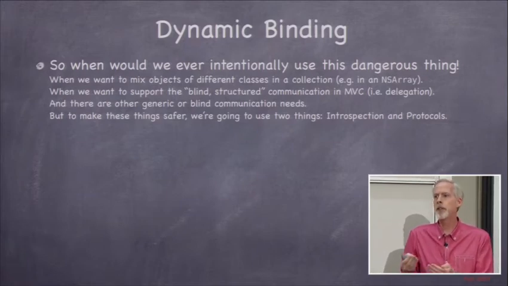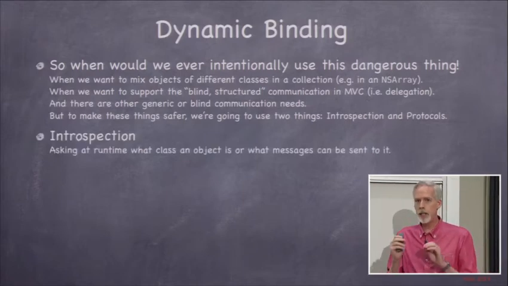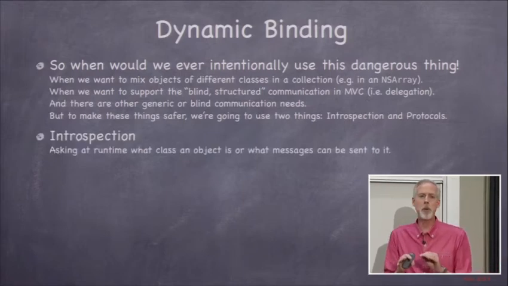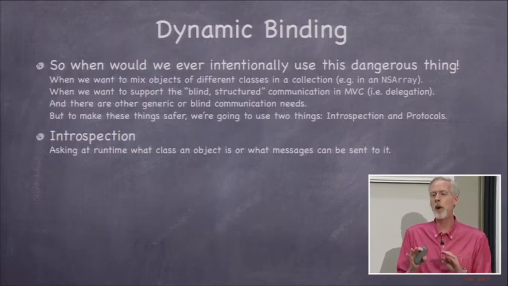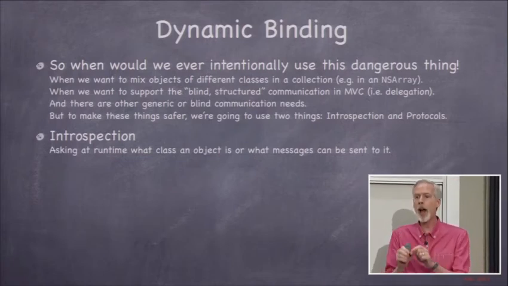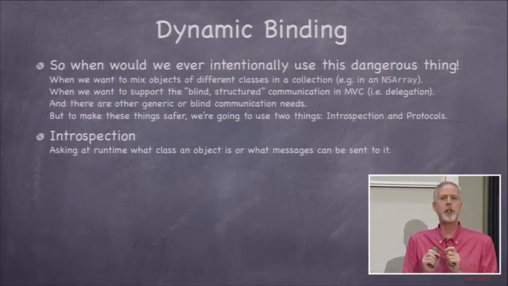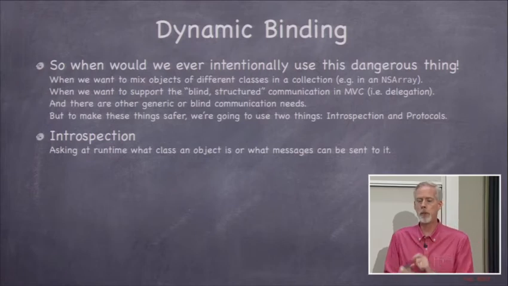And that's a big use of ID. However, we need to protect ourselves, and there's two big ways that we protect ourselves against IDs. One is introspection, which I'm going to talk about in the next few slides, which is we can ask an ID at runtime, what class are you, or what methods do you respond to? So that's a great way to protect ourselves.